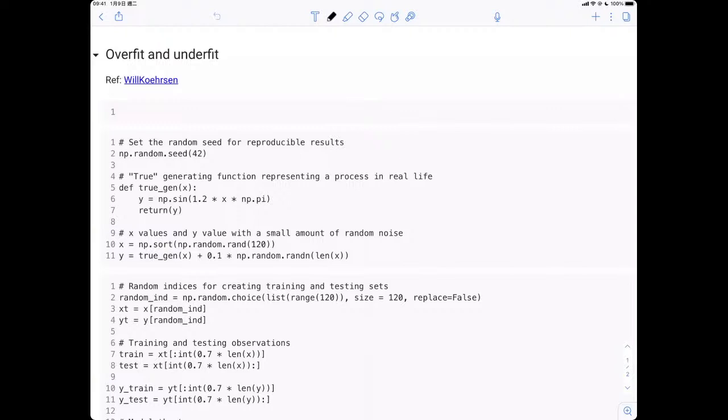Okay, so on the contrary, underfit means your neural network has only very few neurons or layers, so the capacity of your neural network is very small, so that your model cannot correctly represent the relationship between your input and output. Okay, so that is the definition in my mind.